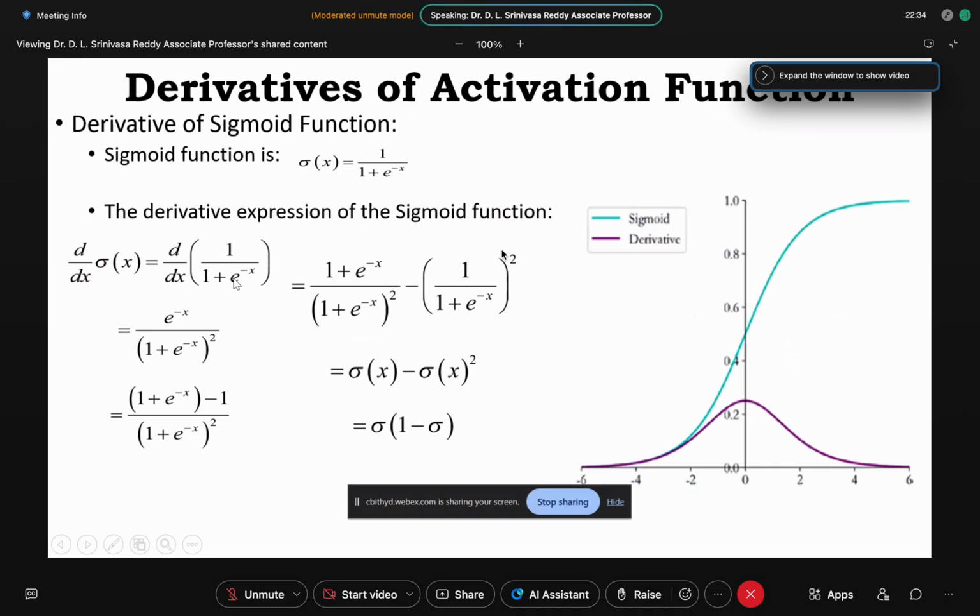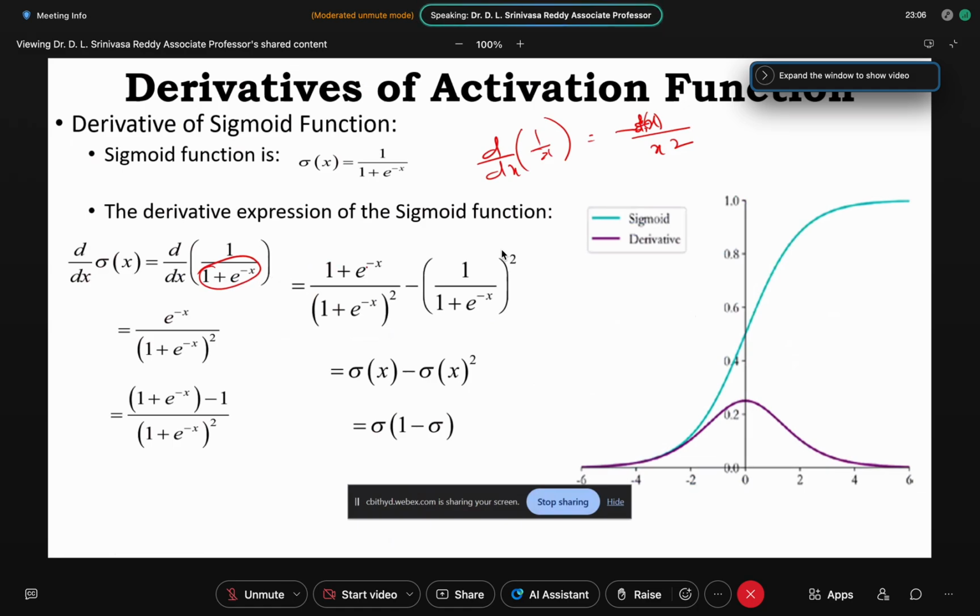d by dx of 1 by x is nothing but a simple formula, minus 1 by x square. In a similar way, whatever denominator is there, you take the minus of its derivative divided by its whole square. So minus of its derivative, what happens here?